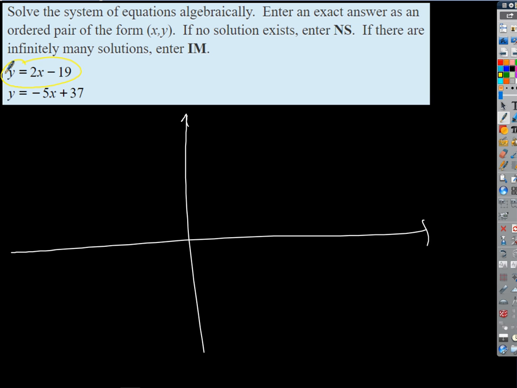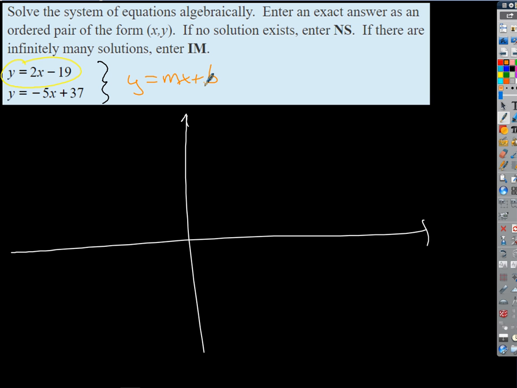Is it a parabola, or what is it? You can tell by looking at it. What form does it match? Slope-intercept. So it's a line, isn't it? Good. Both of these match the form y equals mx plus b. So they're lines, right?